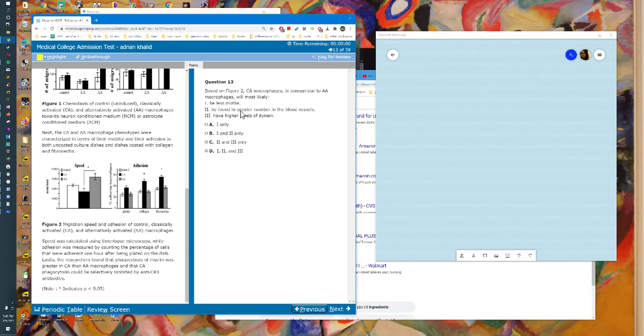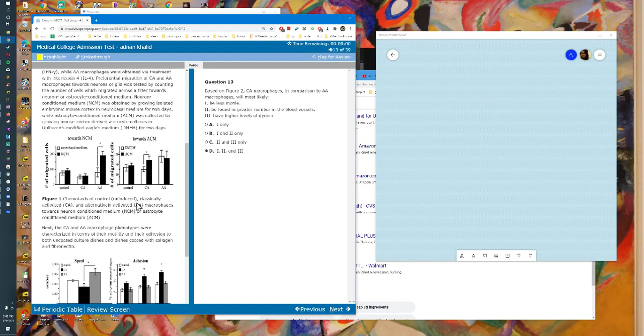Higher levels of dynein, that's the thing inside of the cell. Be less motile, maybe? Dynein, well, okay, forget the dynein, should have flagged that one, whatever.